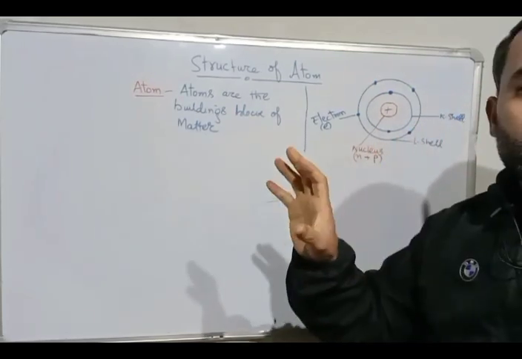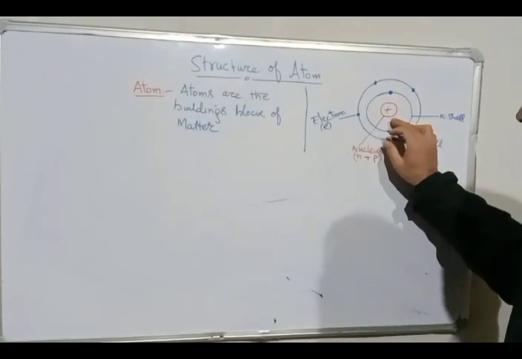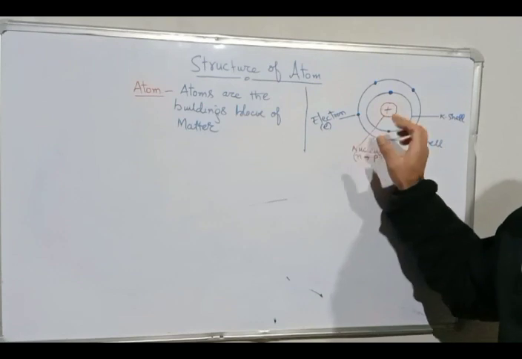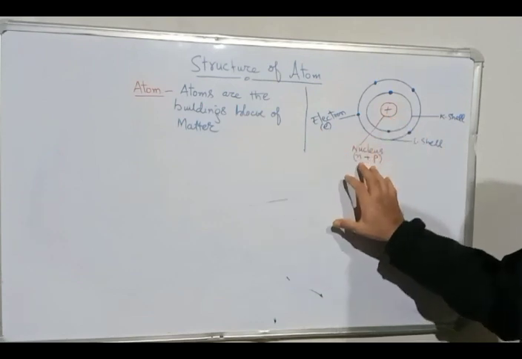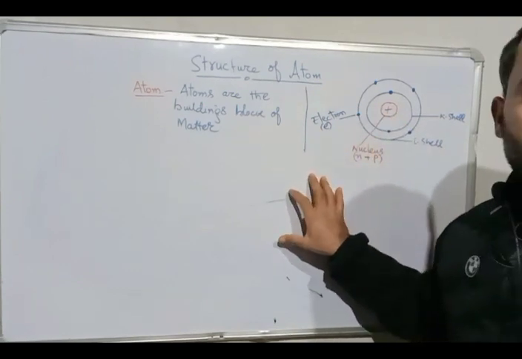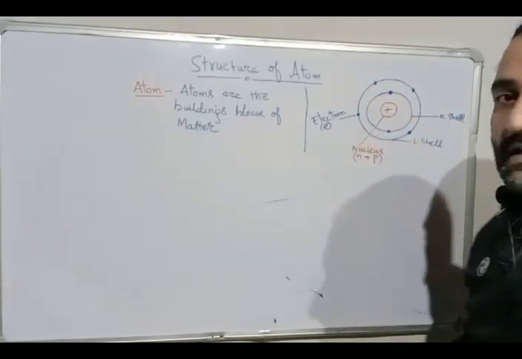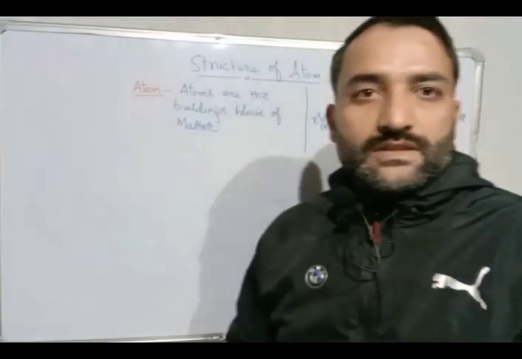Just like in the solar system, the nucleus is similar to the sun, and the electrons are like the planets revolving around the sun.